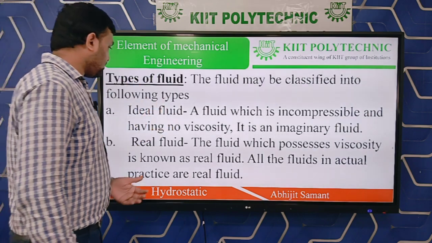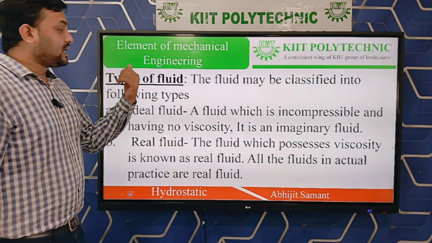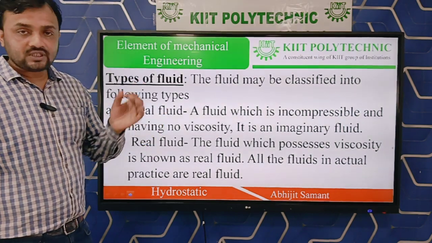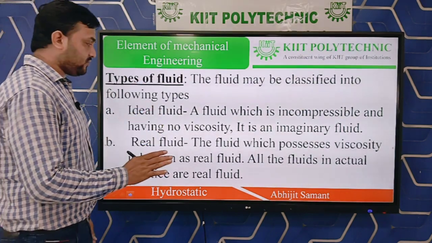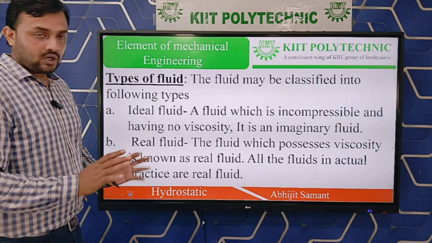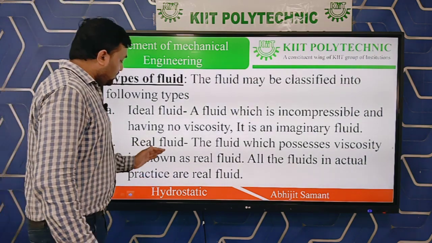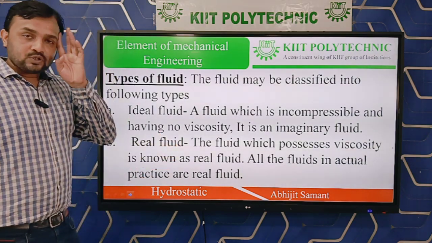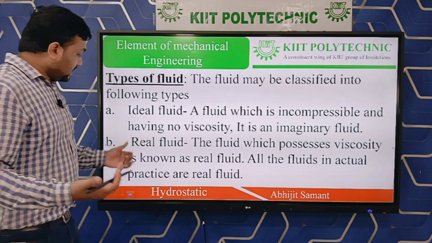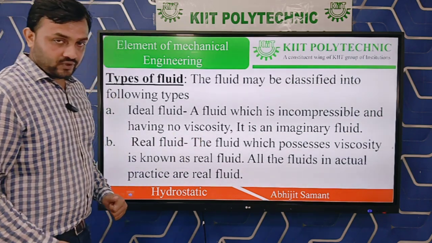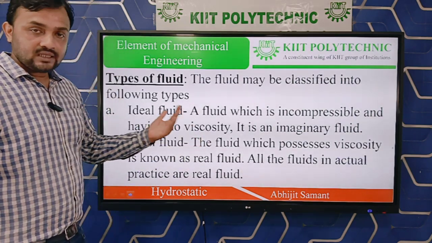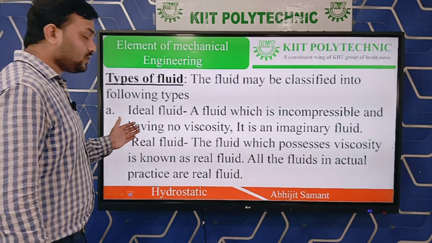A fluid which is incompressible and has no viscosity is known as an ideal fluid. What is a real fluid? The fluid which possesses viscosity is known as a real fluid. All the fluids in actual nature are real fluids.